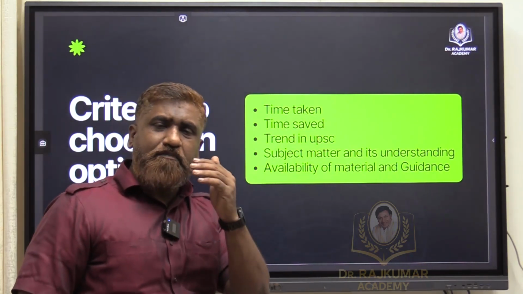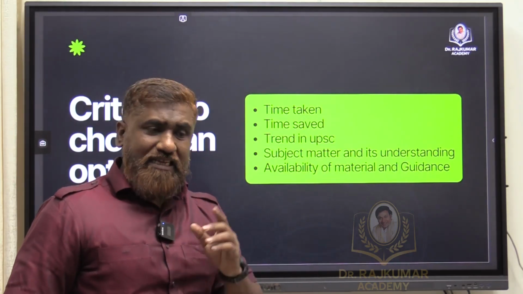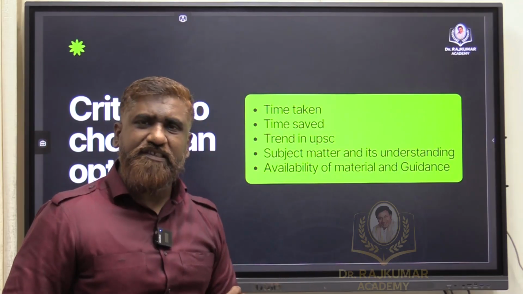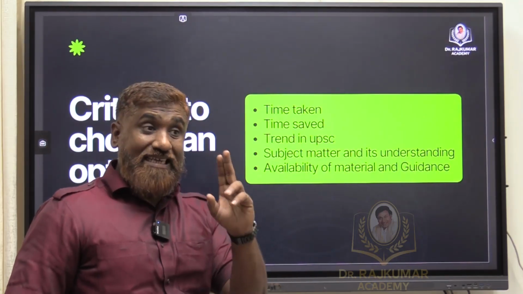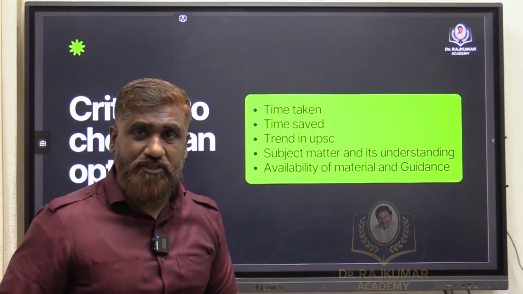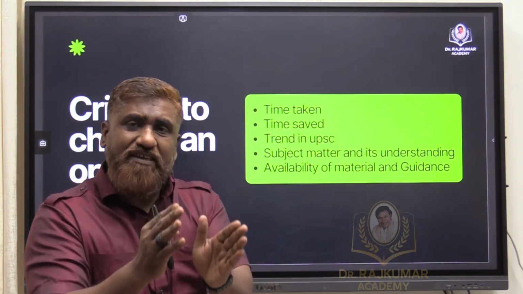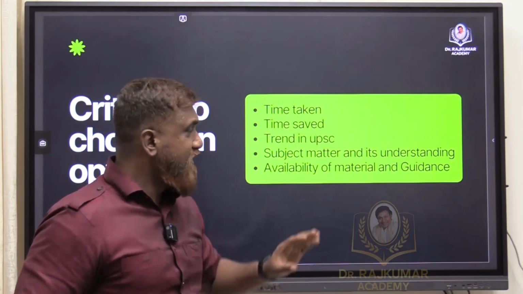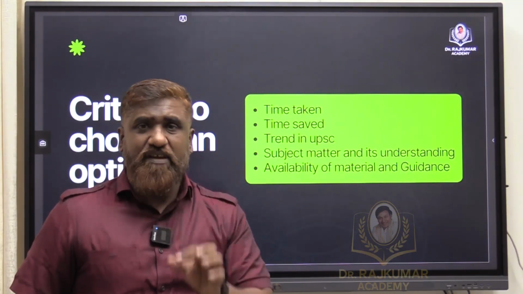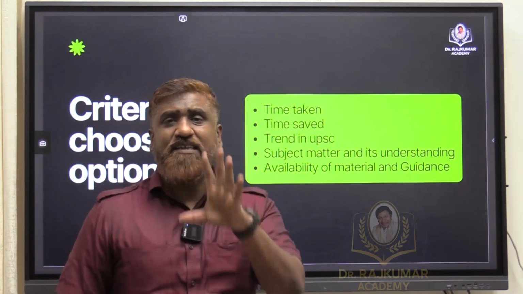A student preferring an option should consider the time taken to master that subject for civil services, coupled with the time they are going to save in their GS preparation, that is, how far a particular subject will have its reflection in GS. That is what the time taken and time saved criteria is, which is very important. It is closely linked to the criterion of subject matter and its understanding.